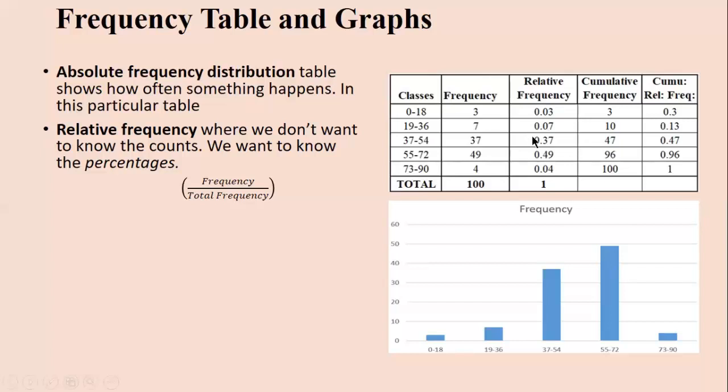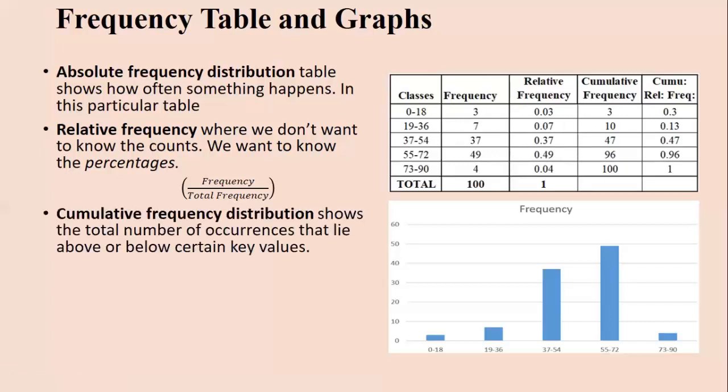So if I ask you how much percentage of the observations belongs to the first two groups, you can say 7 plus 3, that is 10% of observations that belong to the first two classes. So you can cumulate this frequency, and that becomes a cumulative frequency.